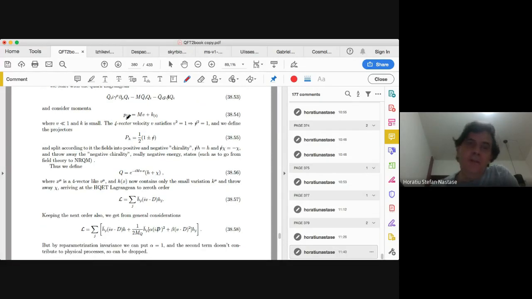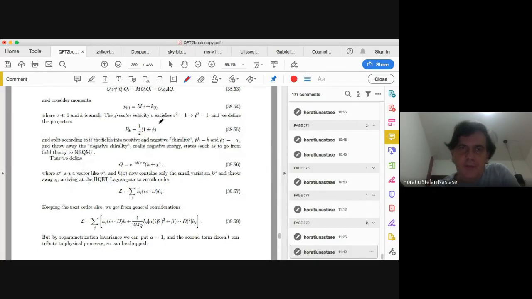And then consider momenta that are non-relativistic, meaning there's an m v part, for velocity much smaller than 1, and then a small k added to it.